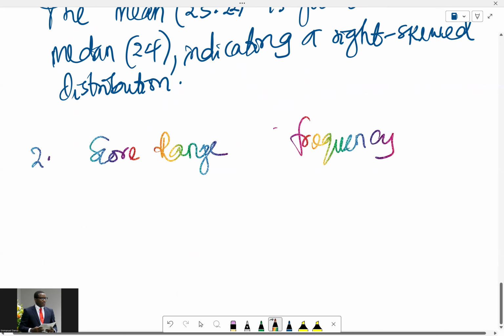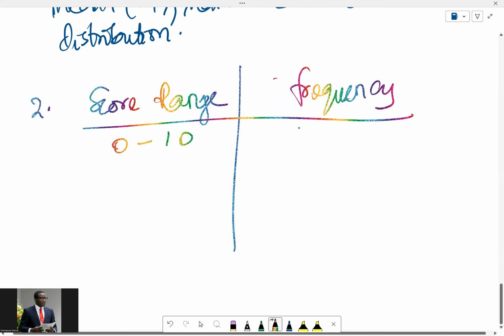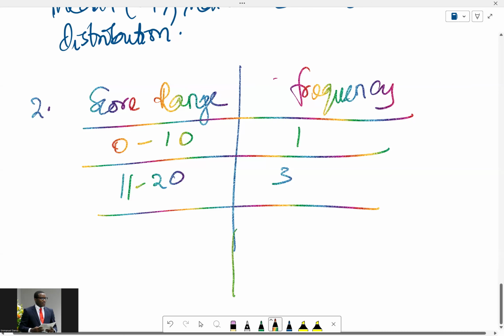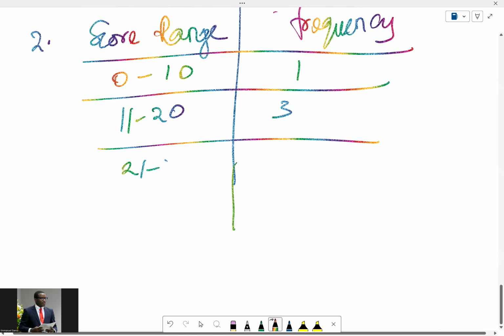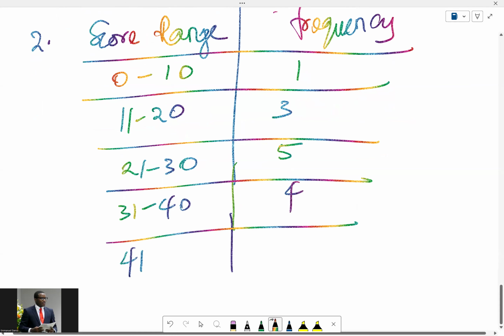So for 0 to 10, you have one person with that score. 11 to 20, you have three. Then you have 21 to 30, that's five. Then you have 31 to 40, that is four. And lastly, 41 to 50, you have one person there too.